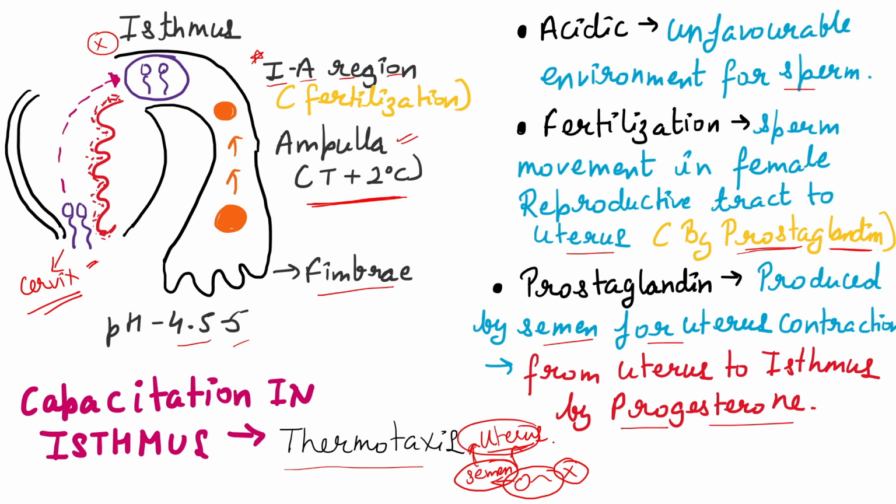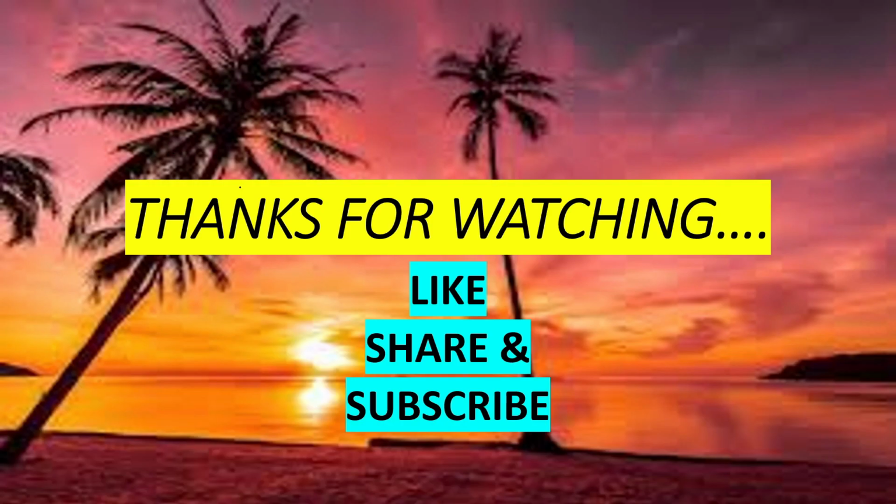After that, what will happen? The sperm will get activated through the process of capacitation, and now from the uterus to the isthmus it could easily travel, as now it is active. So what is capacitation? We will be studying about this in our next lecture, and for today this is all.